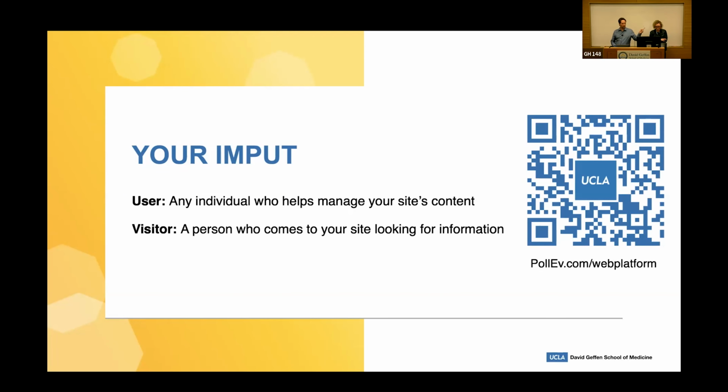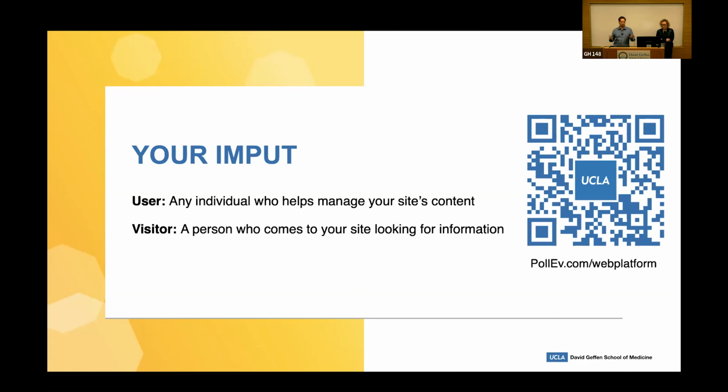So if you need the QR code, there it is. It'll be in the chat in a second if it's not already there. I will also draw your attention, before we actually launch it, to the following definitions. User being an individual who manages the site. It doesn't matter what level of access you have, whether that's an editor, a content approver, whatever, but it is a person who is actually helping manage the site in some way.